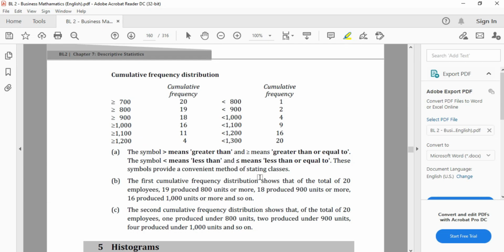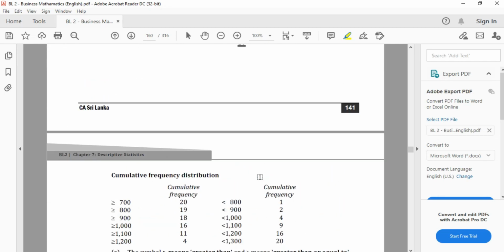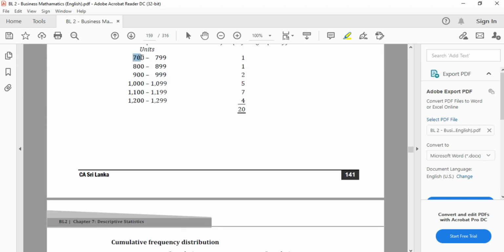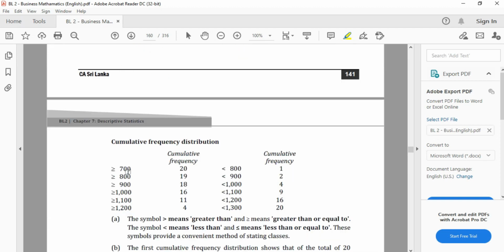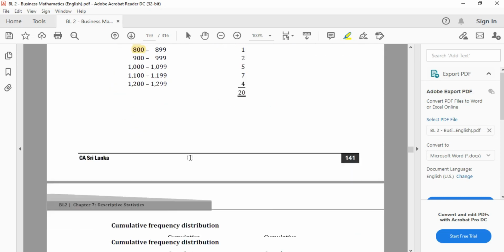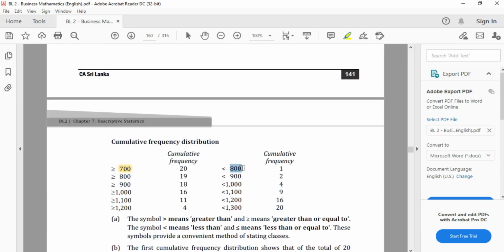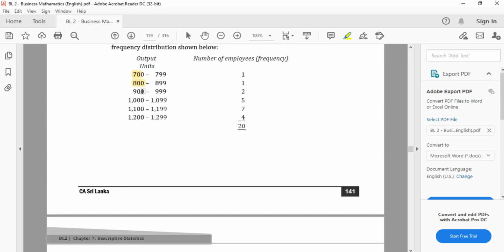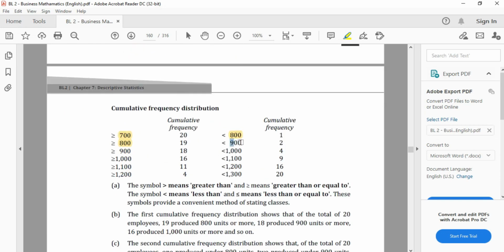How you create a cumulative frequency distribution is, first of all, the first number of the band, you put it here. The next number of the next band, you include it here. And then for the second part, you include it here, and the next number of the band should be the ending part of the second band in the cumulative frequency distribution.